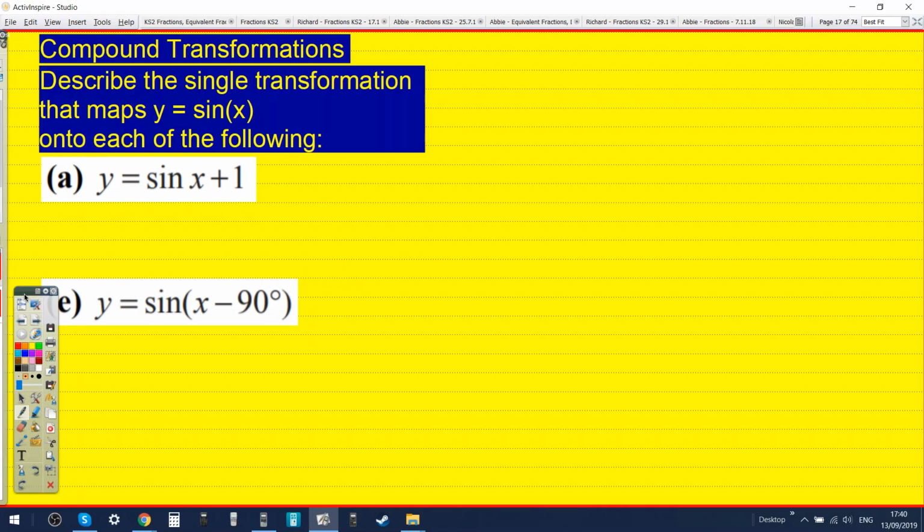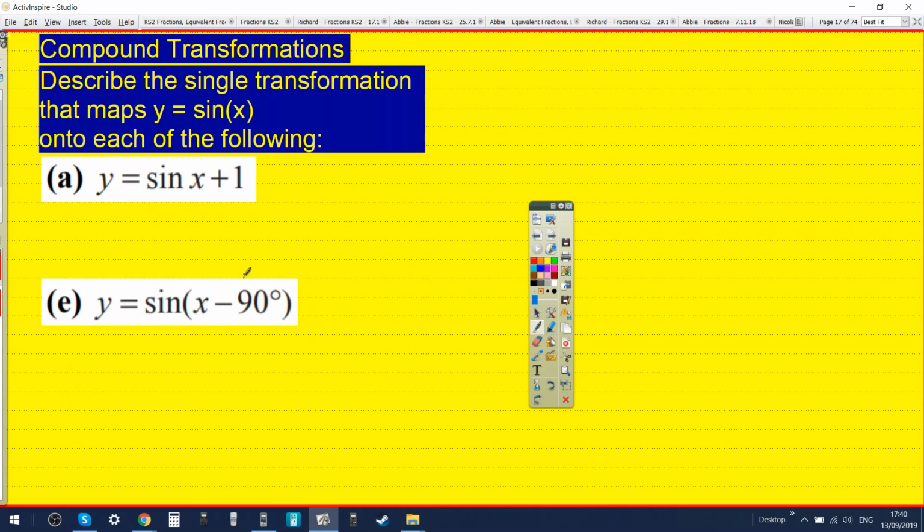Okay, let's try these two. Oh, it's not in the bracket, so up by 1. So (0, 1) is the vector. Mm-hmm. And then for this one, it is in the bracket.